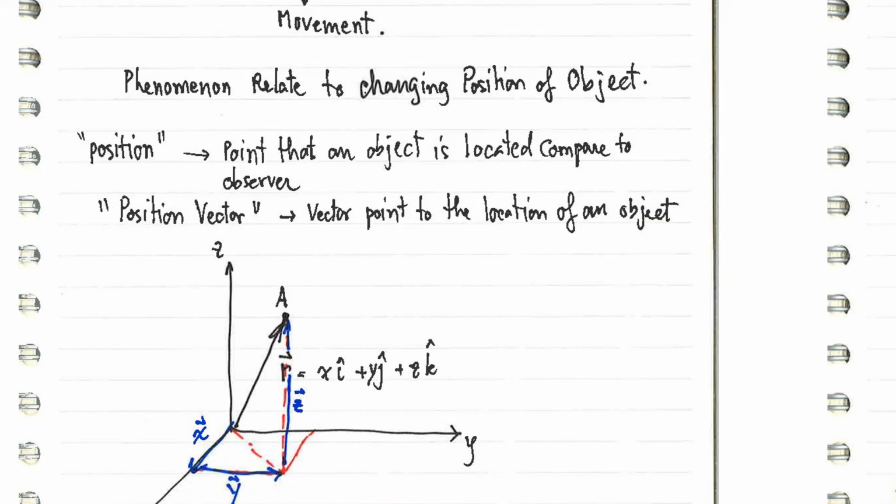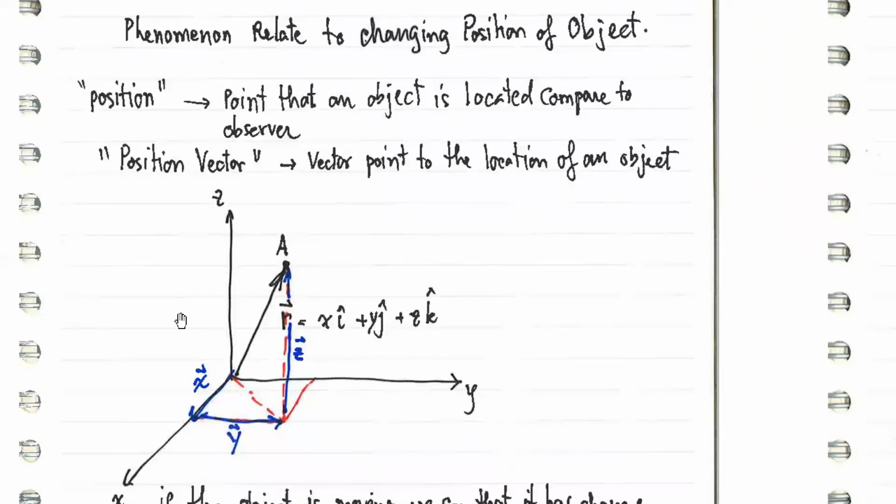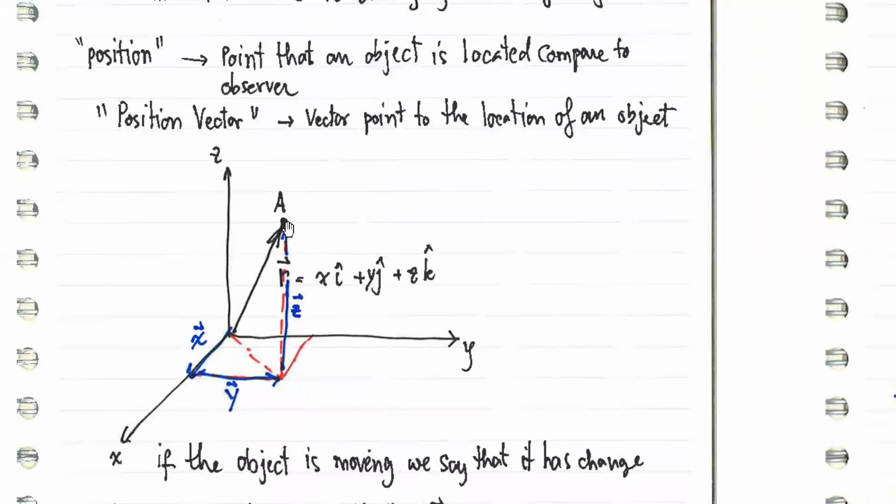It tells us how far the object is from the origin and in which direction. In rectangular coordinates, a position vector points to the location of the object compared to x, y, and z. So we have r equals x i plus y j plus z k in rectangular coordinates. X, y, and z give the vector of the object.